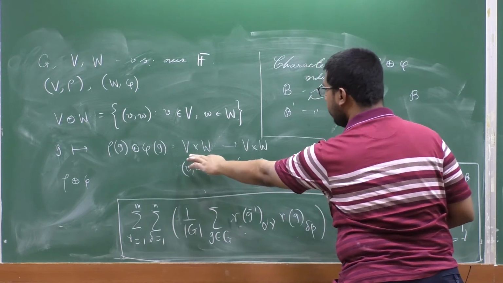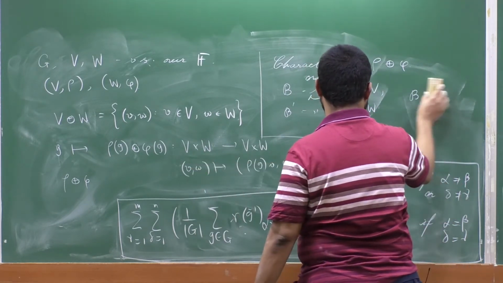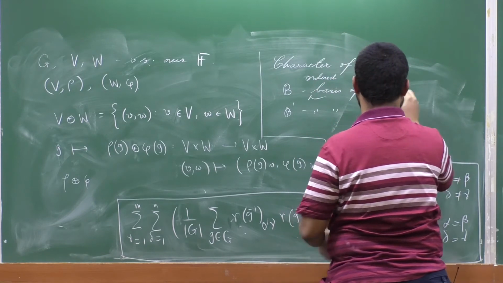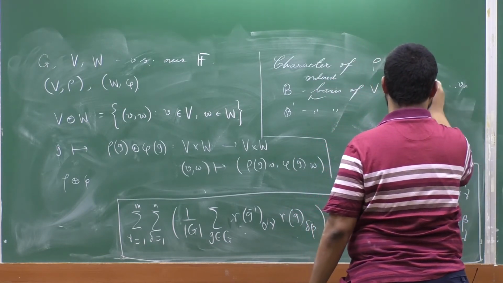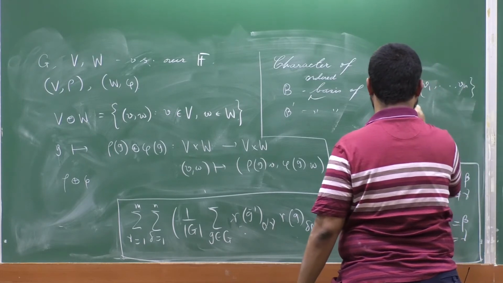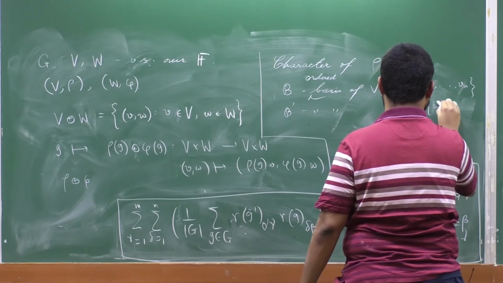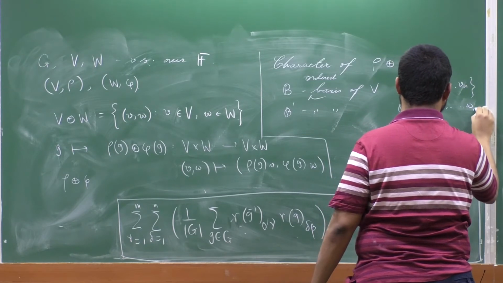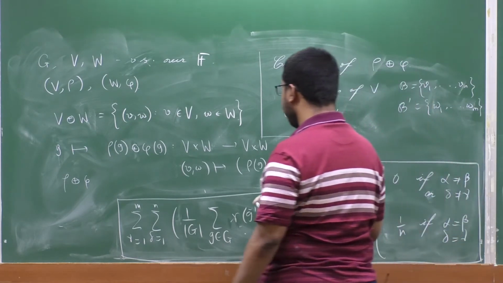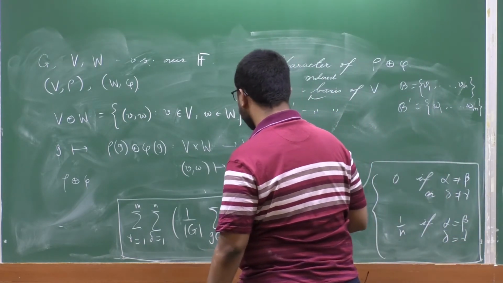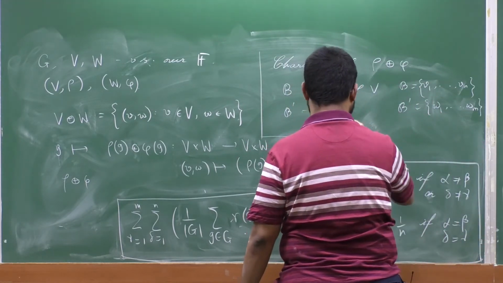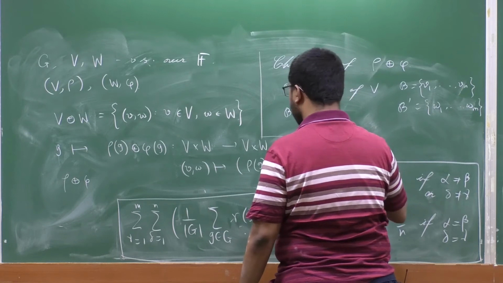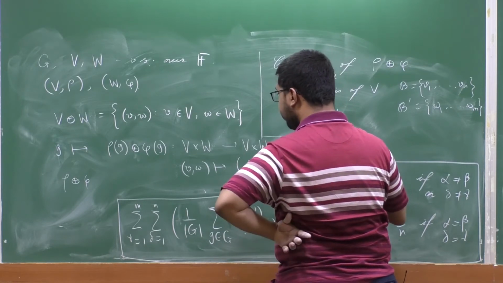So given an ordered basis here, I think I should write it like this, V1, V2, up to Vn, and B prime is W1 up to Wn. Then we construct the following basis in this manner.